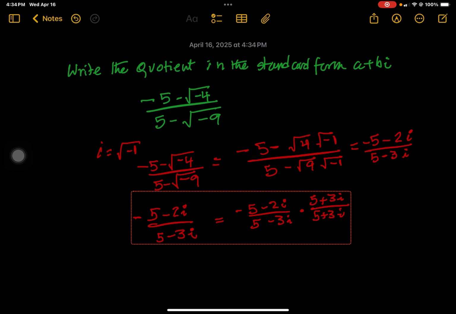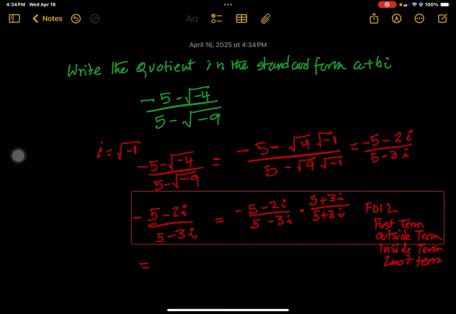Now we will apply the FOIL technique. You are all aware of FOIL. FOIL is first term, then outside term, then inside term, and then last term.